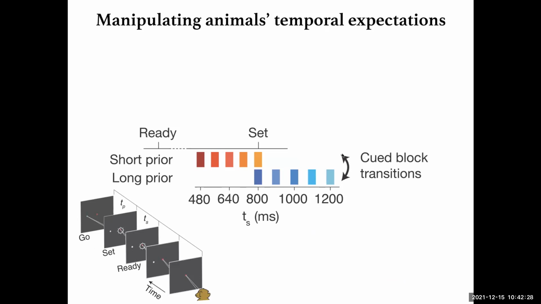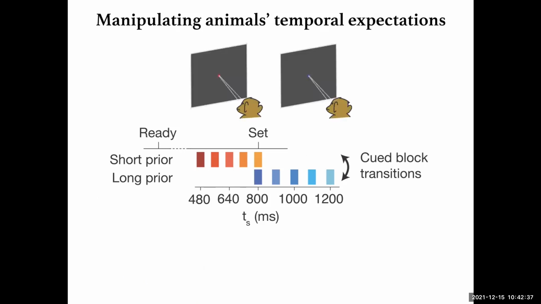The idea is that we're going to rapidly switch between distributions in short blocks of trials. We indicate to the animal which distribution is used on a given trial by changing the color of the fixation point. If the fixation is red, it means we're using the short distribution. If the fixation is blue, we're using the long distribution.